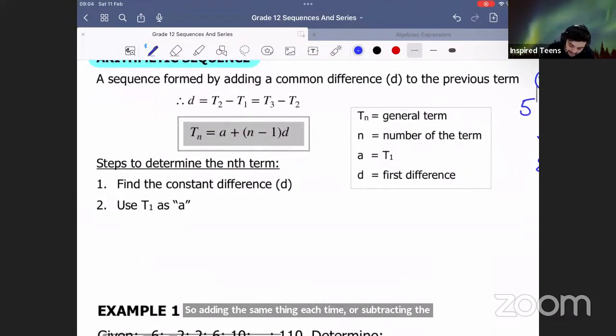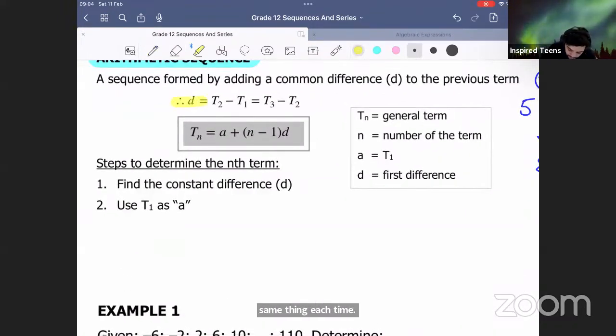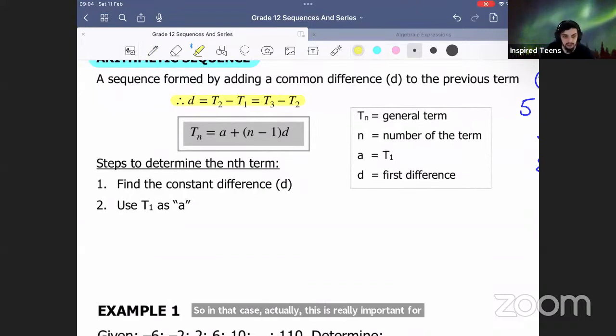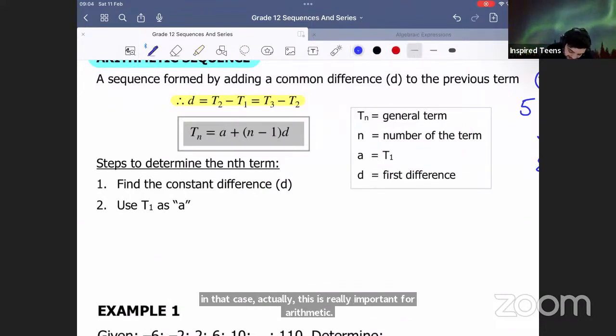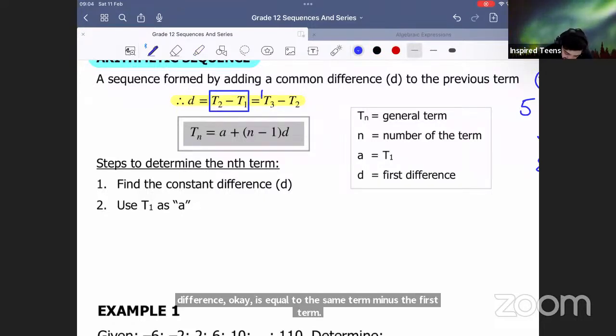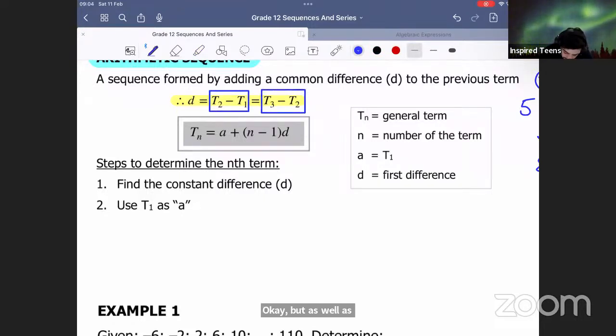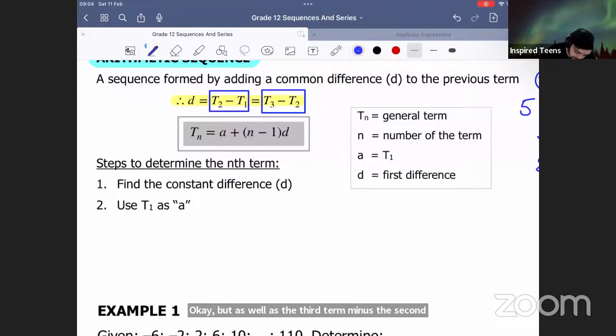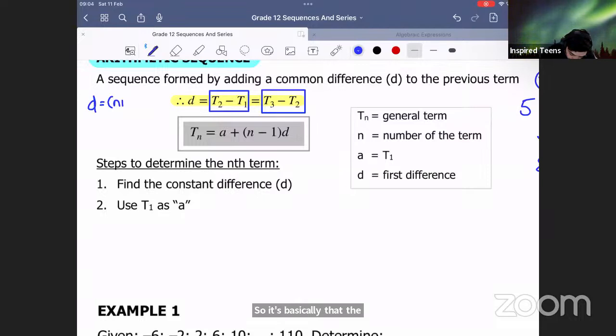This is really important for arithmetic. The difference is equal to the second term minus the first term, as well as the third term minus the second term. So basically the difference is equal to T(n+1) minus Tn. Let's get to these first, then we can discuss n.